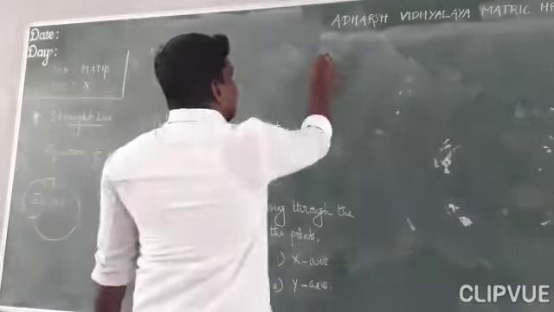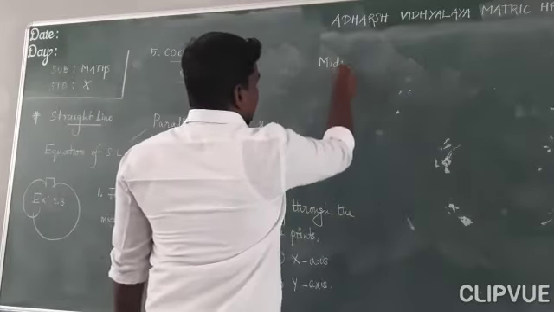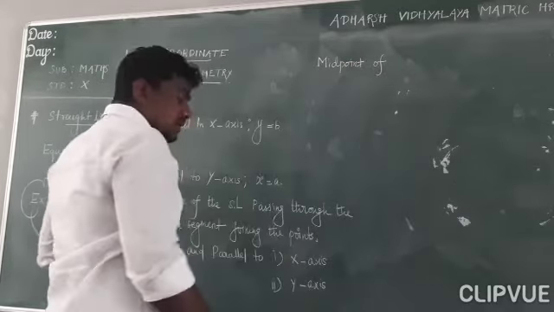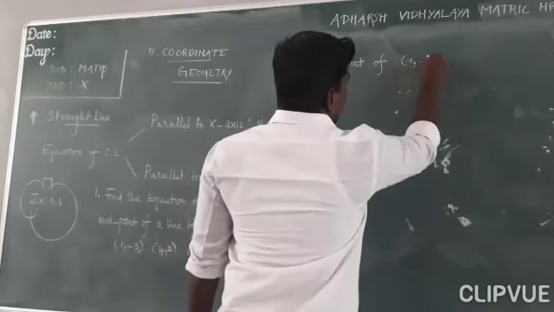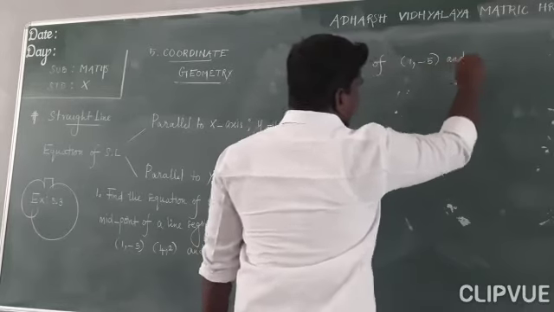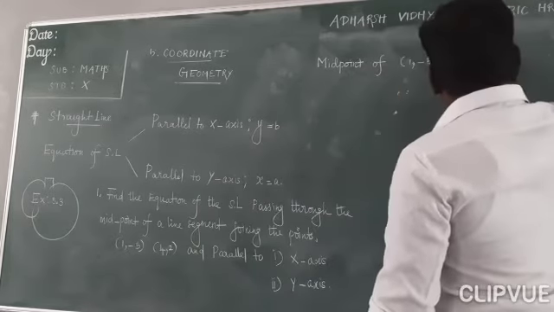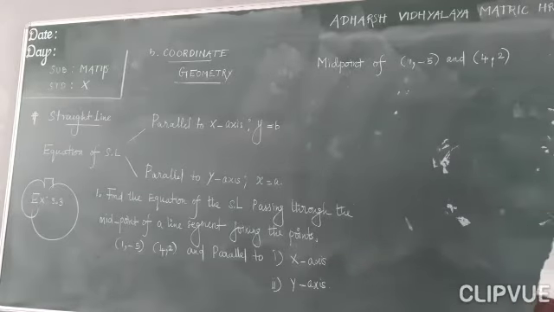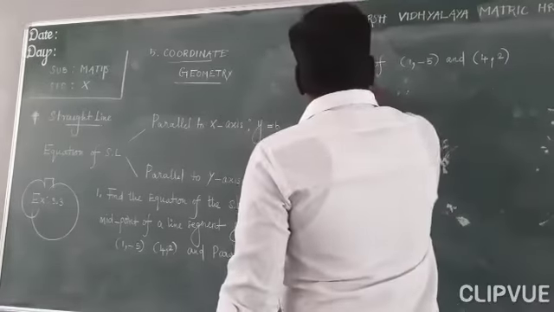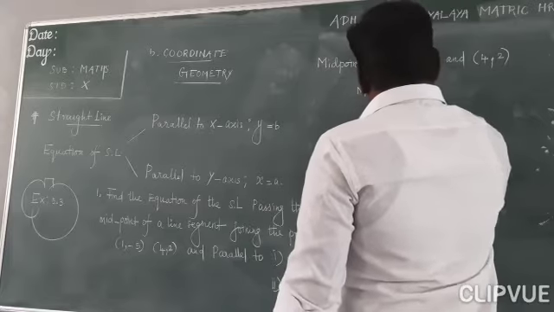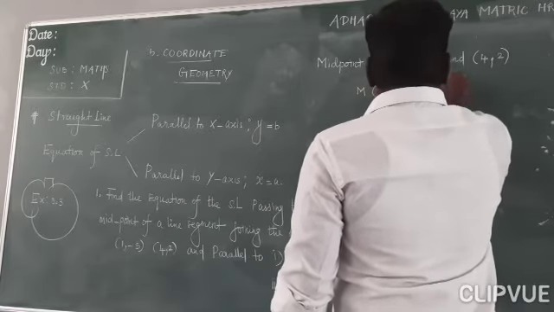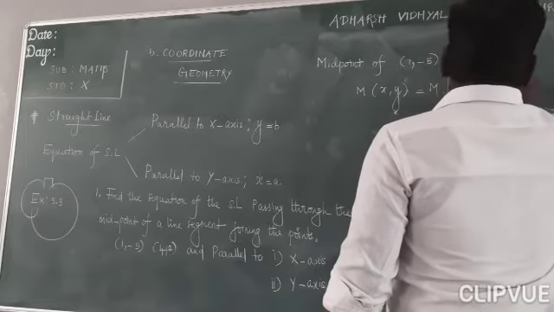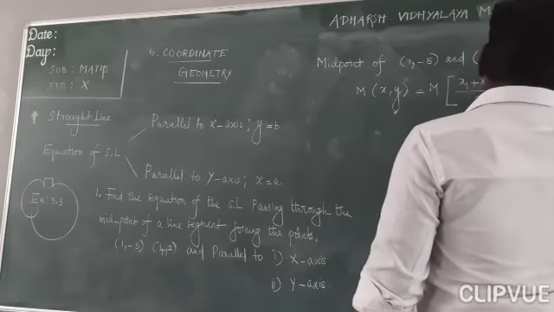So, the midpoint of 1 comma minus 5 and 4 comma 2. You know the midpoint formula: M of x comma y is equal to M of x1 plus x2 by 2 comma y1 plus y2 by 2.